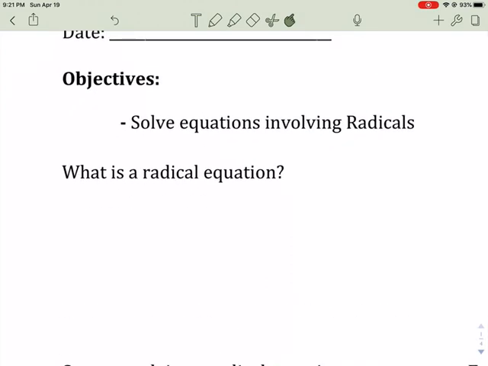A radical equation is an equation that has a variable in the radicand part of our radical.